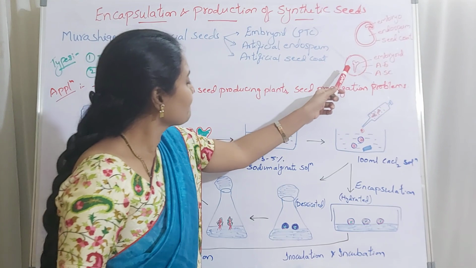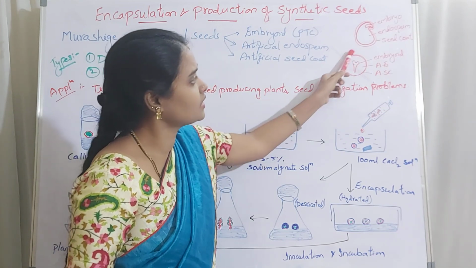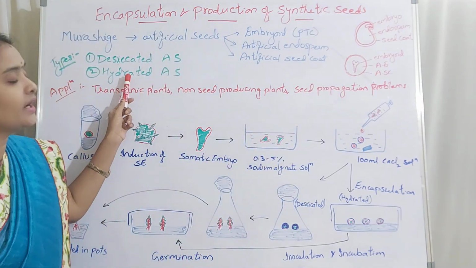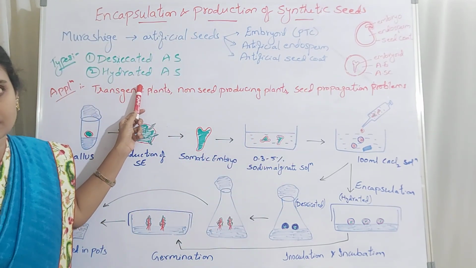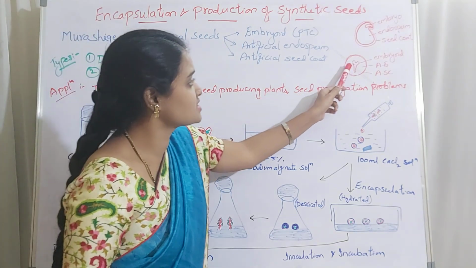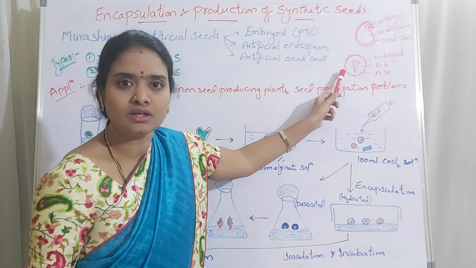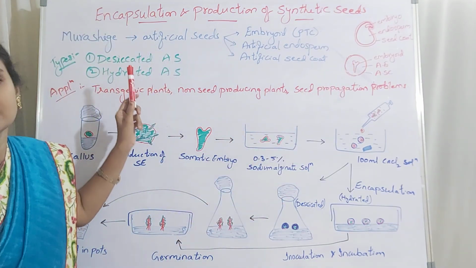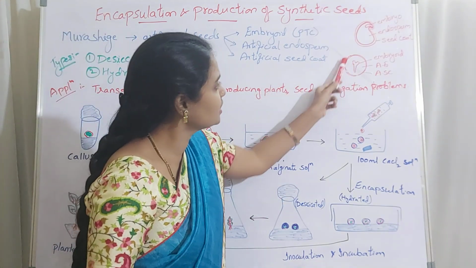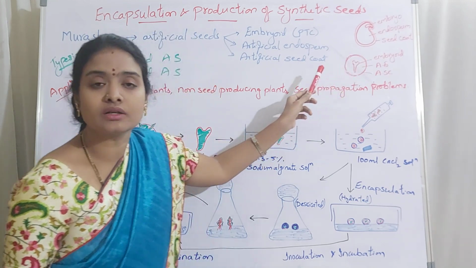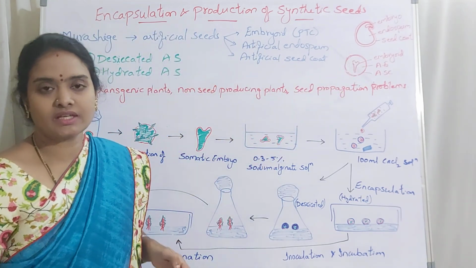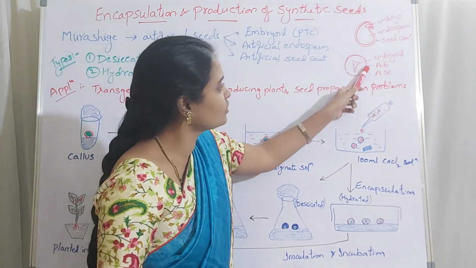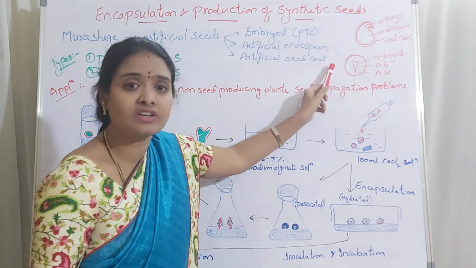So here when these embryoids are entrapped inside the gelatinous substances, these are referred to as hydrated artificial seeds, right? So here it is semi-solid, it consists of moisture, and so these are hydrated seeds. Whereas in case of desiccated artificial seeds, you make them undergo desiccation by placing them in a desiccator, right?